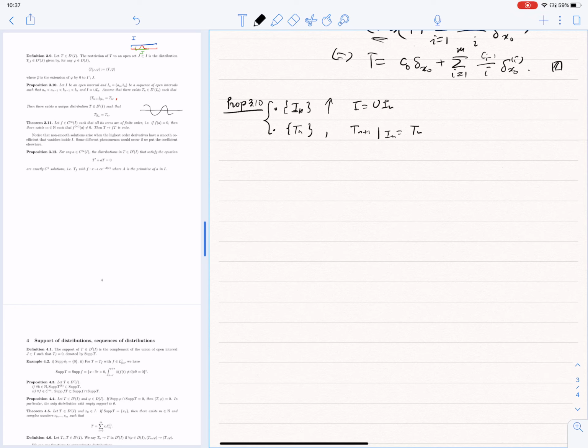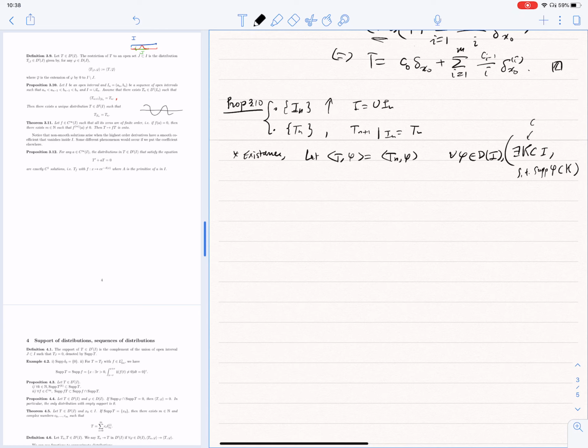First, the existence. We can show the existence by letting T(phi) be just T_n(phi) for any phi in D(I). Necessarily there exists a compact set K in I such that the support of phi is in K, right? This is the definition of test function.